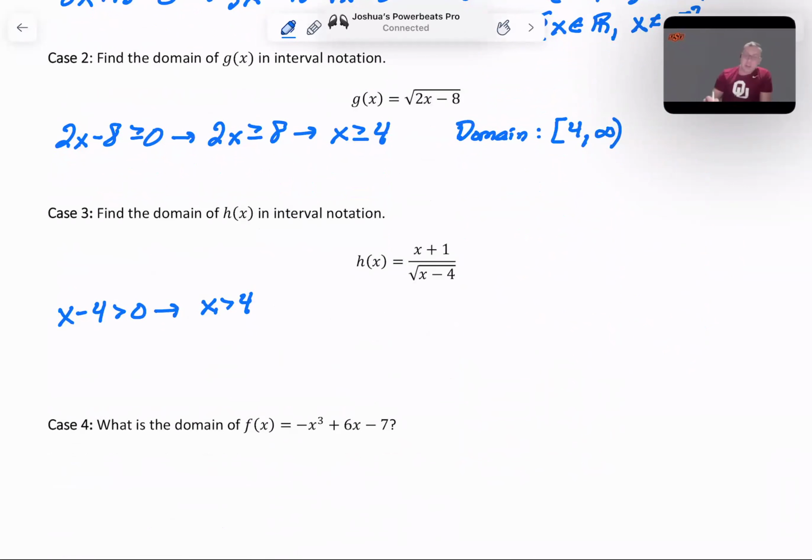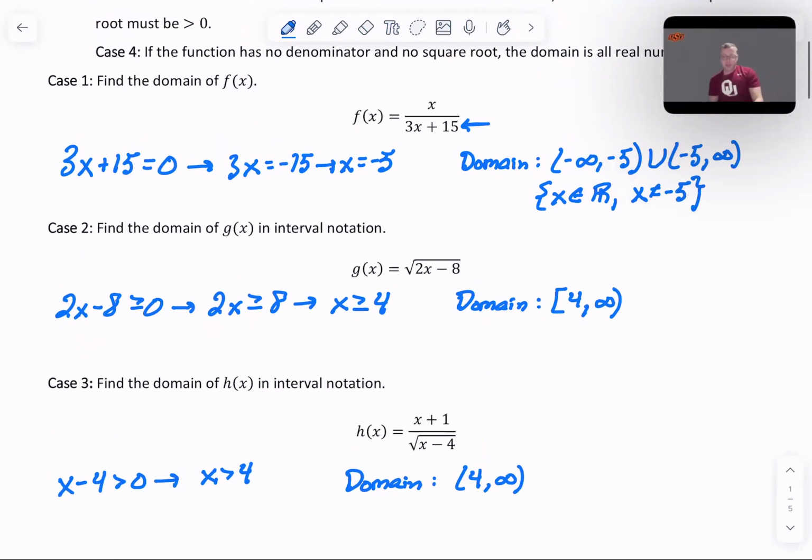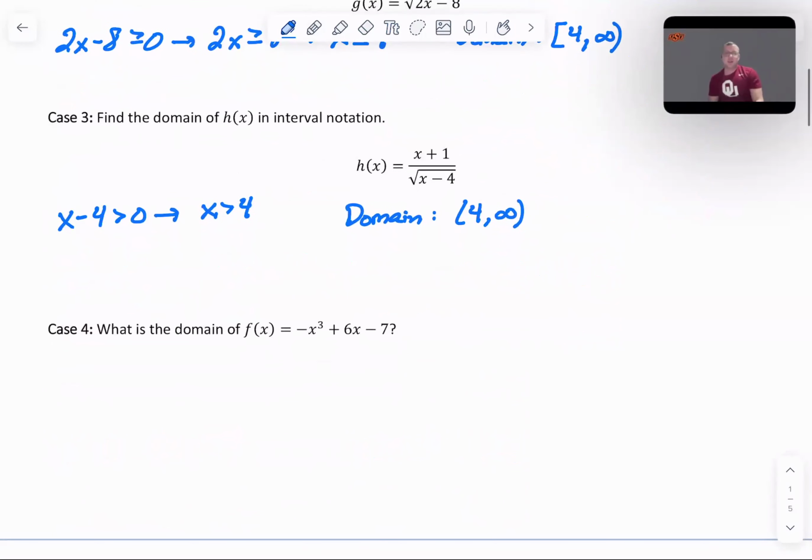So the domain is similar to the one before. The domain is from 4 to infinity, but with a parenthesis around the 4. Right? Everyone okay with that one?